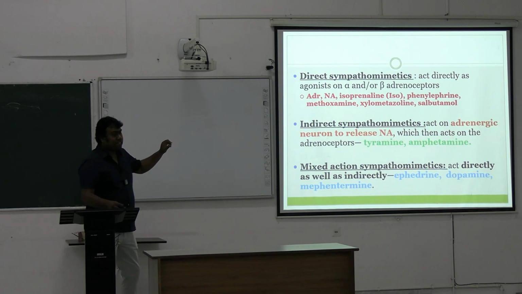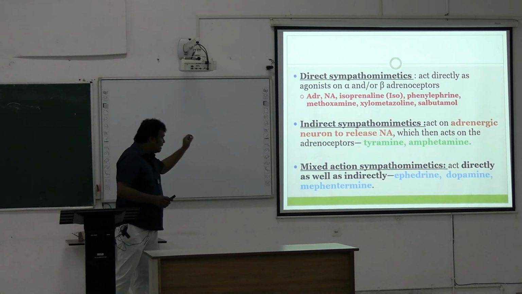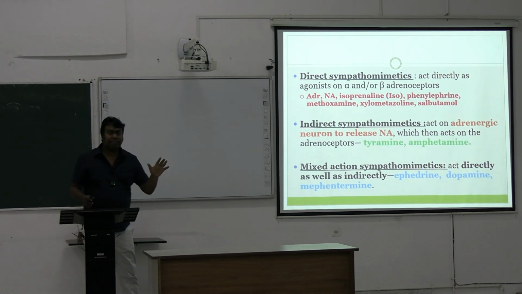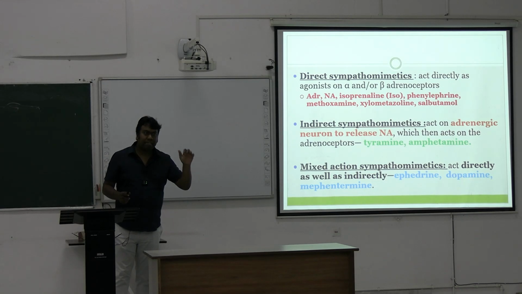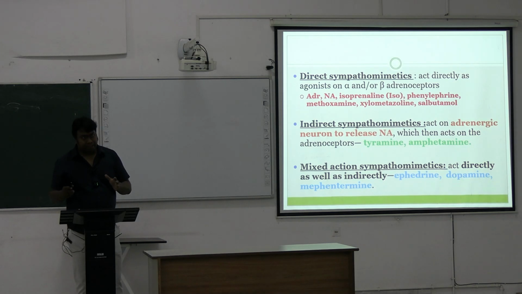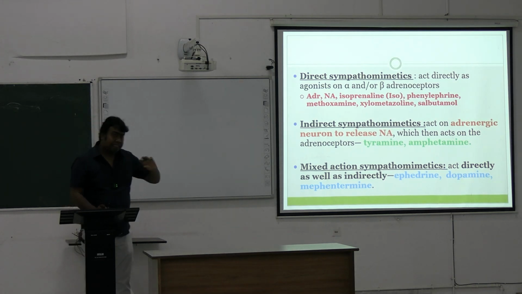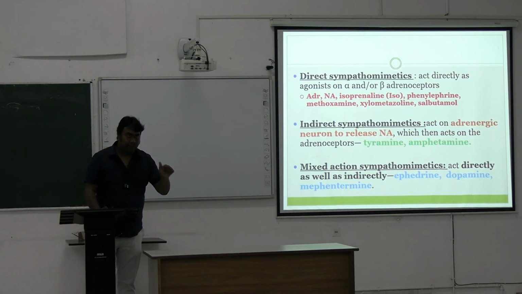Now we already discussed what is direct sympathomimetic, indirect and mixed. What is direct? They bind with either of this receptor, G-protein coupled receptor, and act. In case of indirect, they don't bind with that alpha 1, alpha 2, beta 1, beta 2.